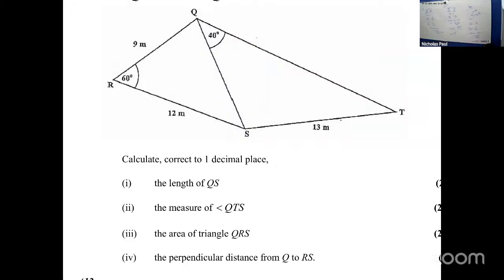And you have QS now, which is whatever you get. Right, and which one? What angle you want to find? Angle of T. That's opposite. So if you have length and opposite, you use it. Sine rule, right? So part one, cosine rule, part two, sine rule. I'm gonna do it just now. Very good.